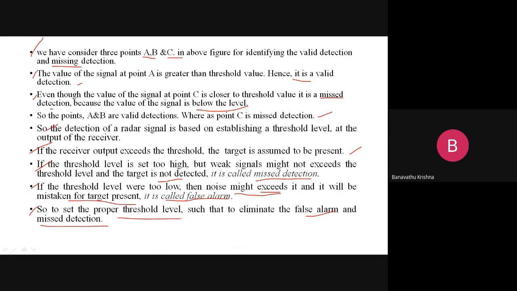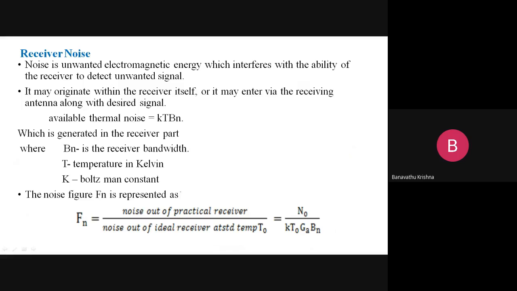Next, receiver noise. You know about noise. Noise means some unwanted signal. These unwanted signals are received at the receiver, and then the problems we discussed in the previous slide occur.